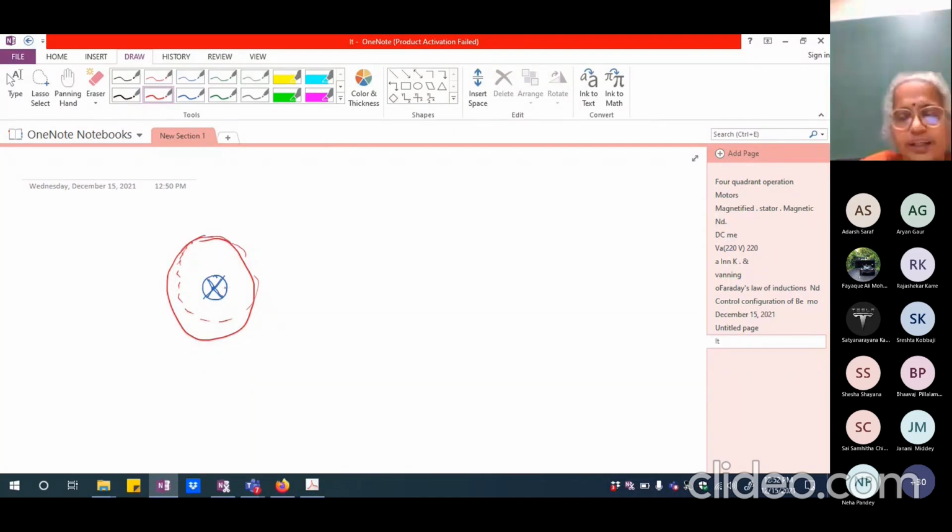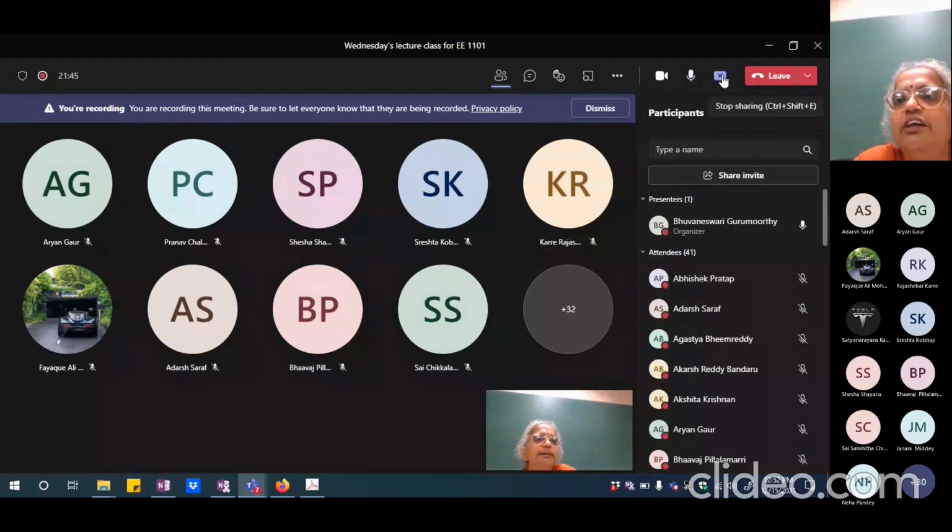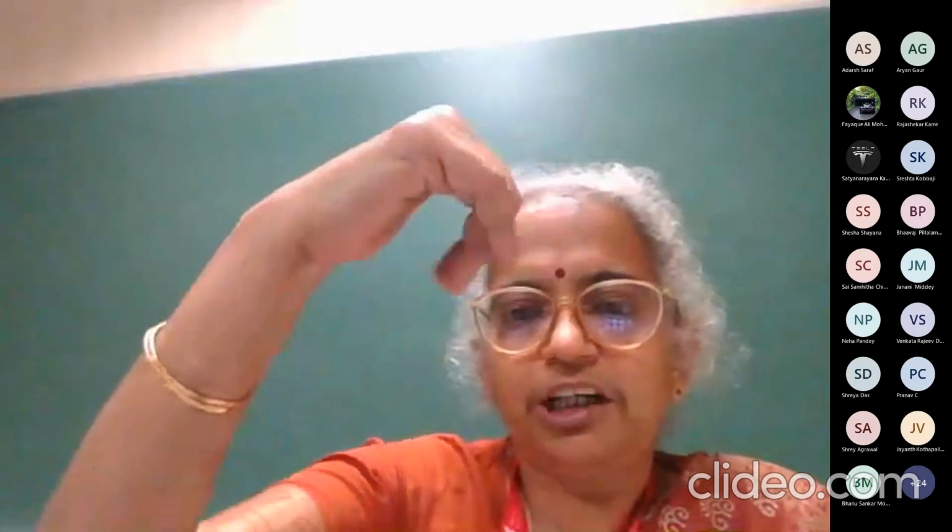Let me again show my video. I hope you are able to see my video along with this. If the thumb indicates the direction of current coming out, the curvature of my hand, the way it is curving, shows the field line. So by looking at the dot, I can say what the direction of the magnetic field is.